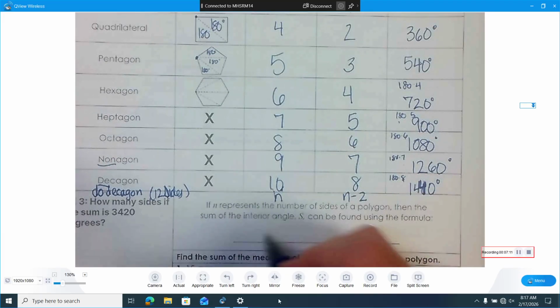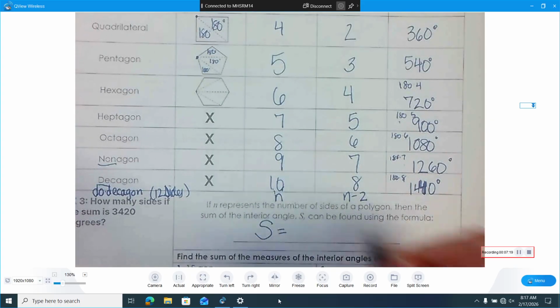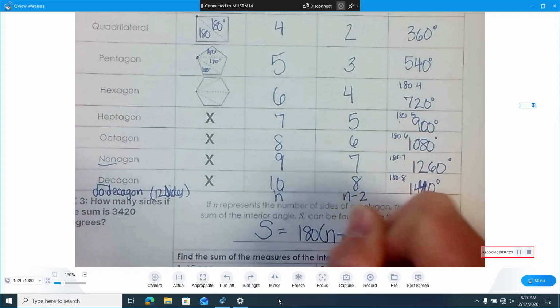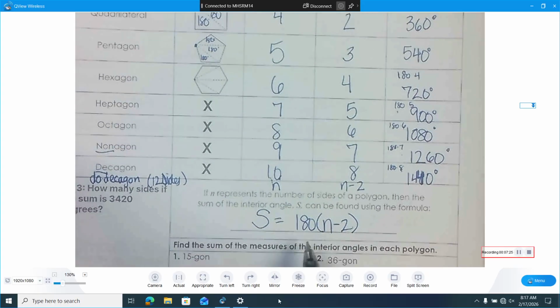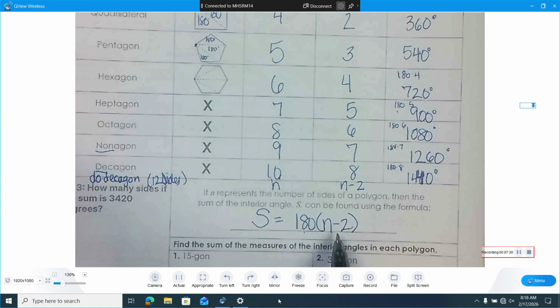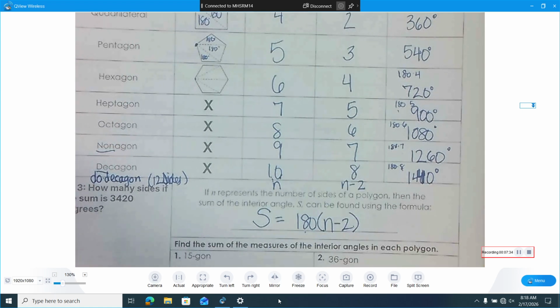So the sum of the interior angles of a polygon can be found by 180 times n minus 2. 180 is how many degrees in a triangle, and n minus 2 is the number of triangles that are formed.